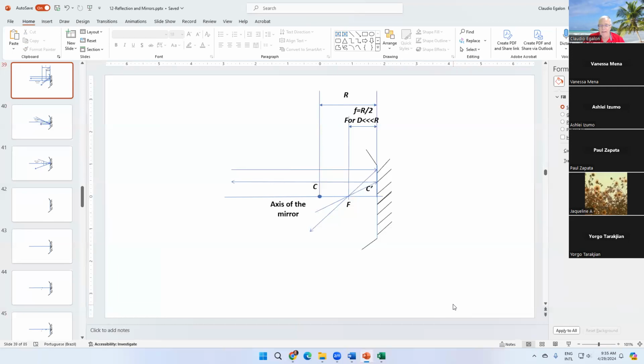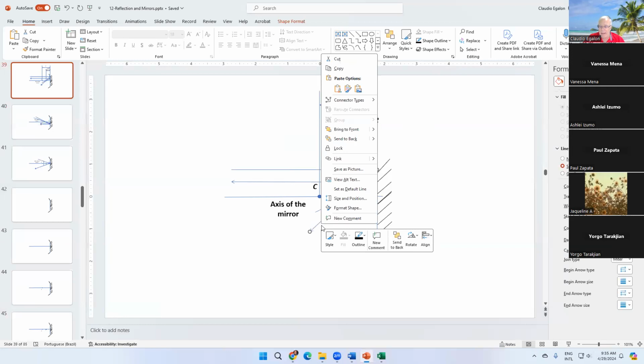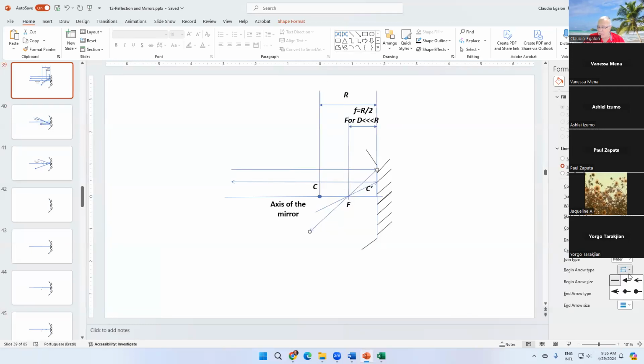I'm going to change the direction of this light ray as well. This one and this one. And this one as well. Here you go.